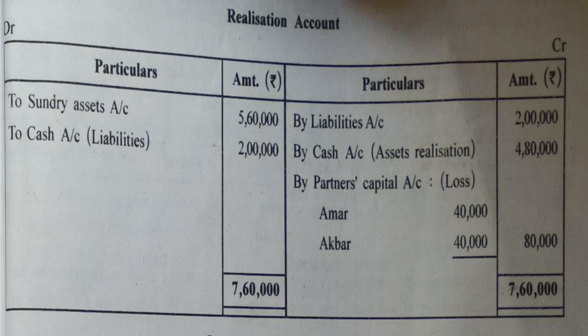We have understood this concept while understanding the concept of theory, which says the preparation of necessary accounts at the time of dissolution, of which the first is realization account, partners capital accounts, partners loan account if any, but there is no loan in the given sum. So loan account will not be prepared. And lastly, cash and bank account.